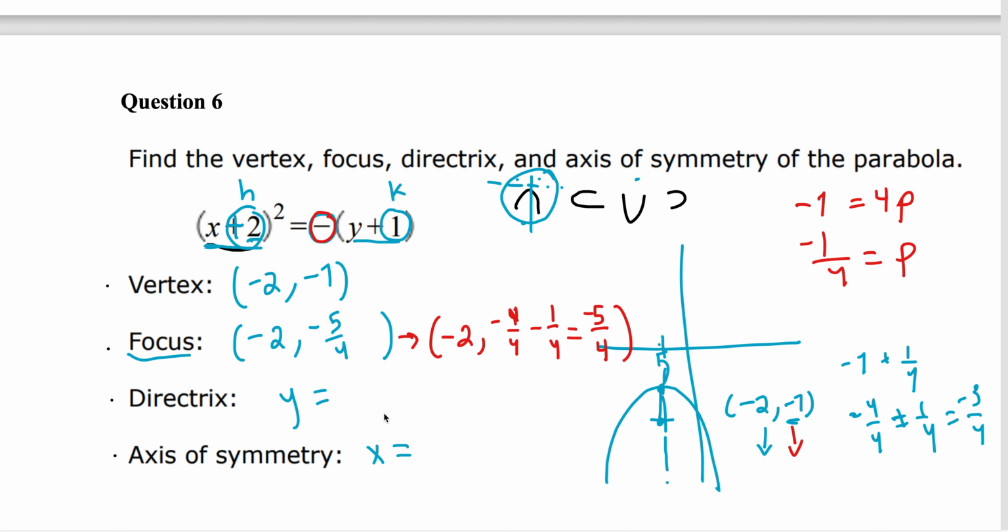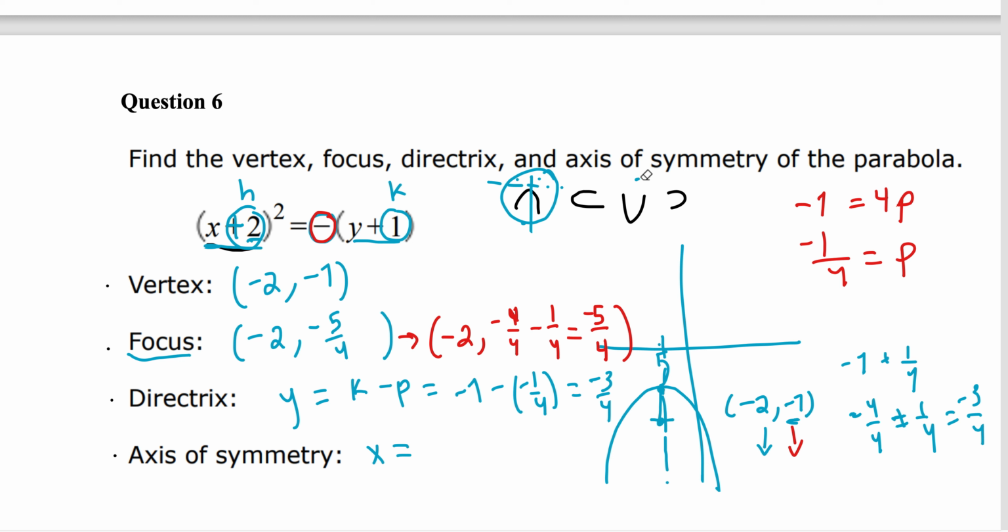That could also be seen in a formula: it's k minus p, where k is -1 minus p, which is minus 1/4. So this equals -3/4.